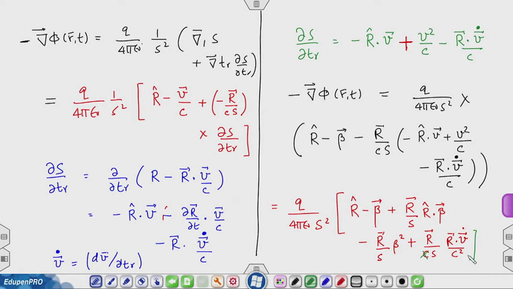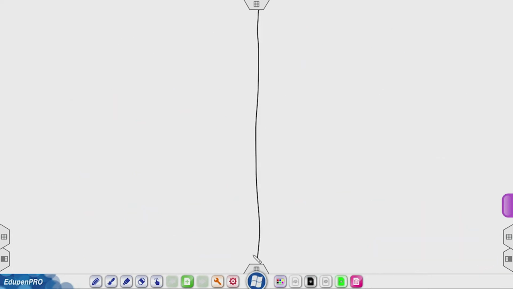Next, we need to calculate the derivative of the vector potential with respect to time. So, this is all being calculated at retarded time. Next, we need to calculate the derivative dA dt, that is the time derivative of the vector potential, which will be given as dtr dt times dA dtr.